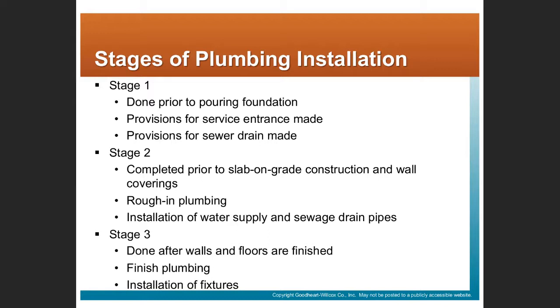So prior to pouring the foundation wall, we want to make provisions for the service entrance. Service entrance typically means the connection that's made from city water to the building, and provisions for sewer drain made. Again, sewer drain would be the connection from the building back to the city sewer.